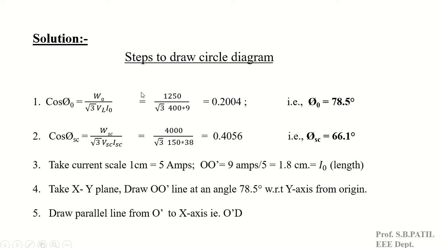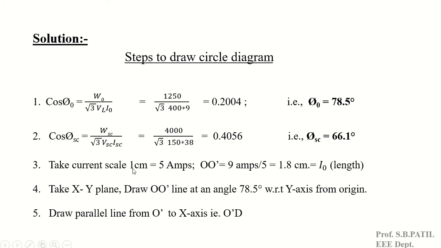By substituting these values, we get phi naught equal to 78.5 degree. Similarly, we can solve phi SC by substituting these values in this equation, we get phi SC equal to 66.1 degree.